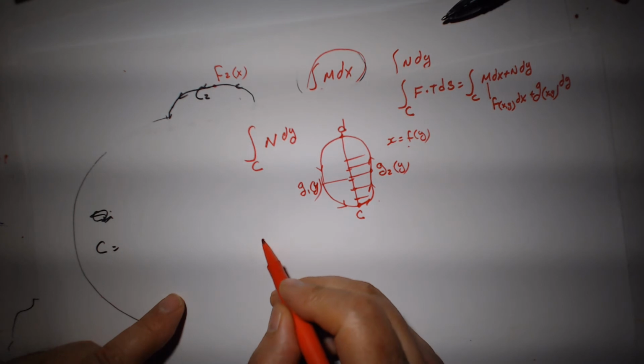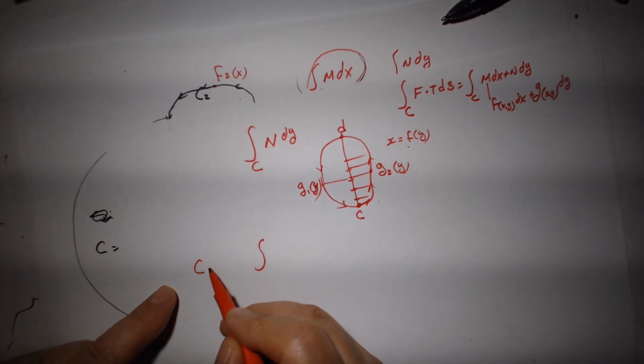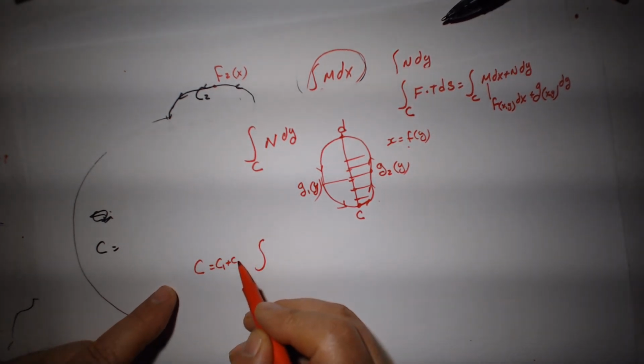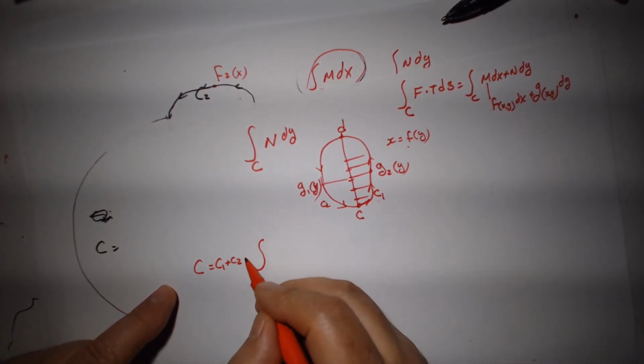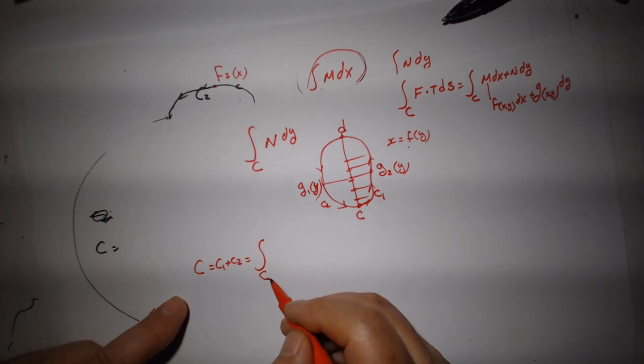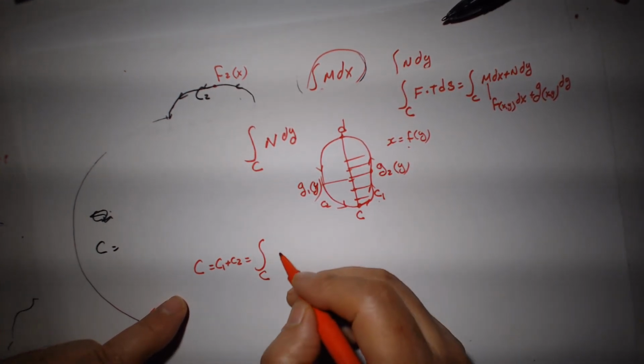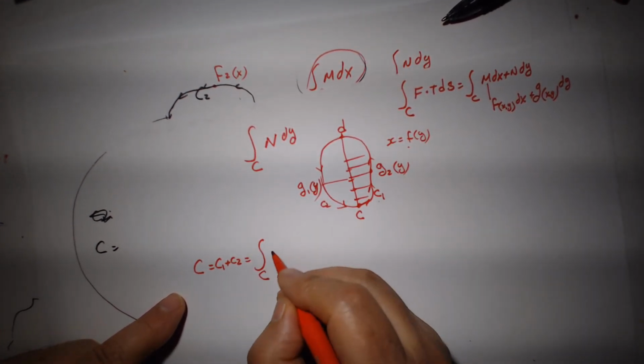Then I'm going to write for the C, C1 plus C2. This is my C1, this is your C2. I'm going to write the curve integrals or the line integrals of n.